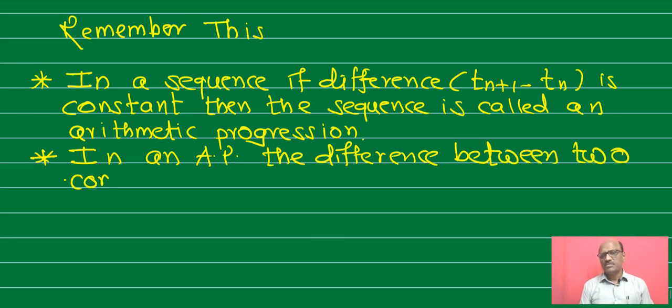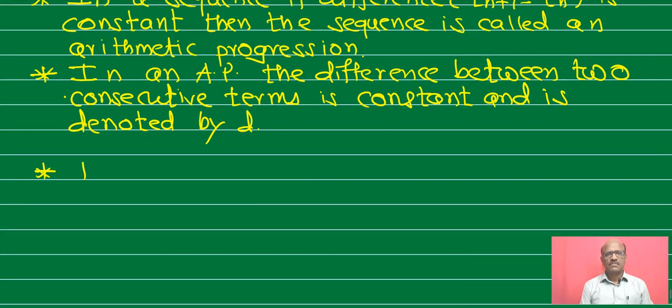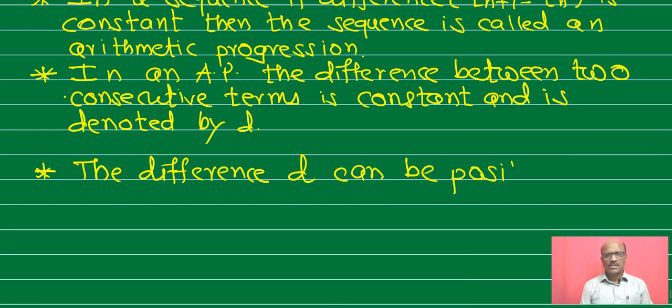In an AP, the difference between two consecutive, क्रमाने येणाऱ्या संख्या, the difference between the consecutive terms is constant, and is denoted by small d. The difference small d can be positive, तो positive असेल, negative असेल, or it may be 0.